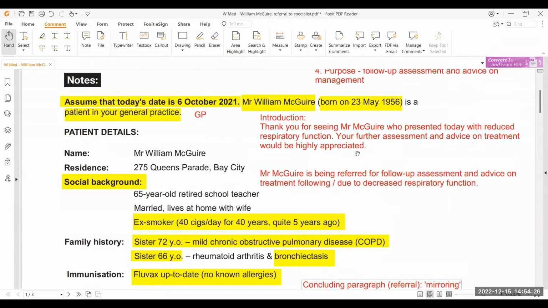What was your request here, Dr. Seifa? The request is "your further assessment and advice on treatment would be highly appreciated." Dr. Tatiana's is "follow-up assessment and advice on treatment." Something very similar. Because we're mirroring, you don't want to copy everything; you want to paraphrase it so you're still getting a good mark for language.